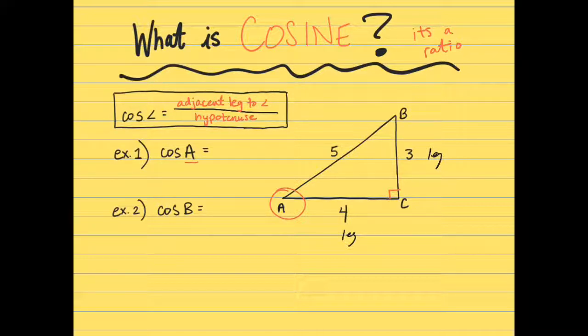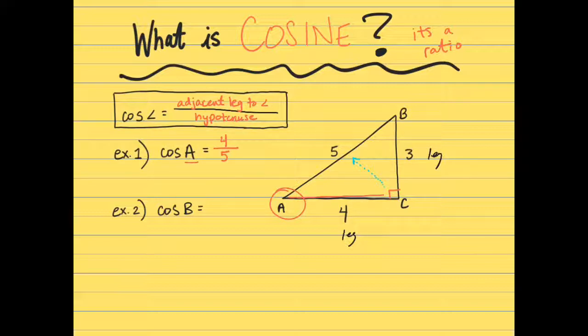Well, the choice should be pretty simple because adjacent means next to. I know that 4 is the leg that's next to angle A. So cosine of A is going to be 4 over the hypotenuse. And you guys are awesome, and you know that the hypotenuse is across from that right angle. So that hypotenuse is 5. So cosine of A is 4 over 5.